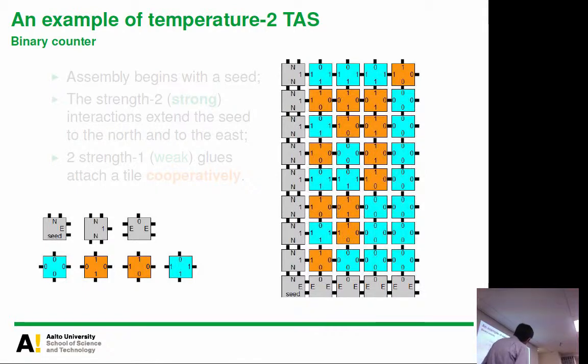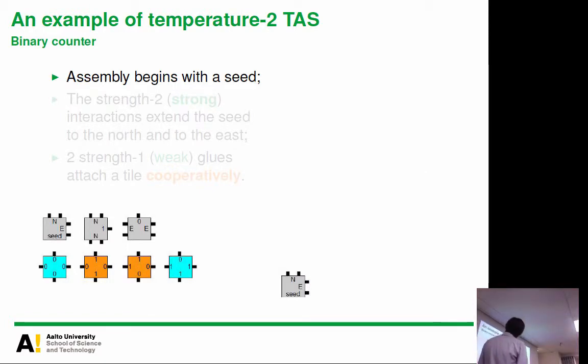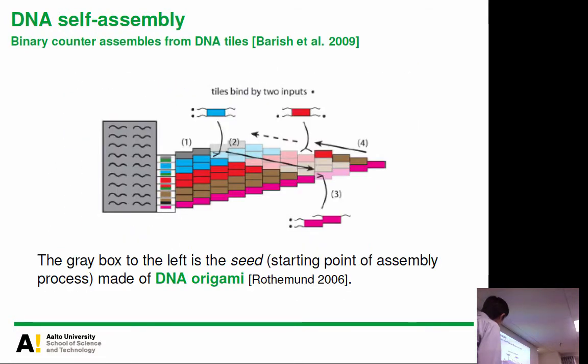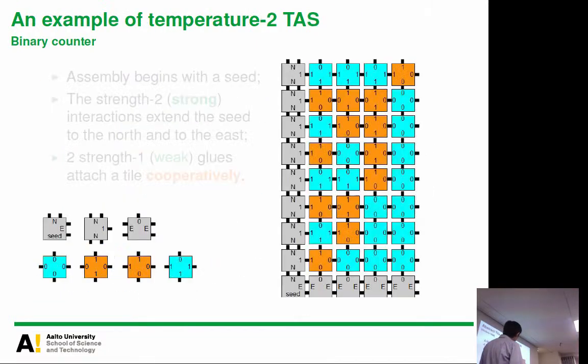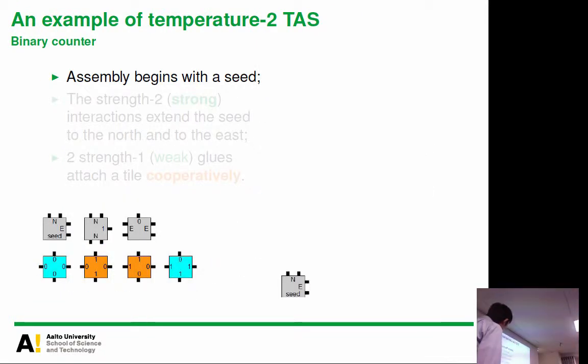So this is just what we saw, this binary counter, in the tile assembly model. This system begins with a seed, some specific start tile. So this one corresponds to this gray box. Starting from this, I use these 7 tile types, each with its own strengths and letter.